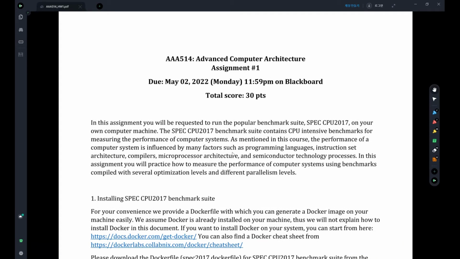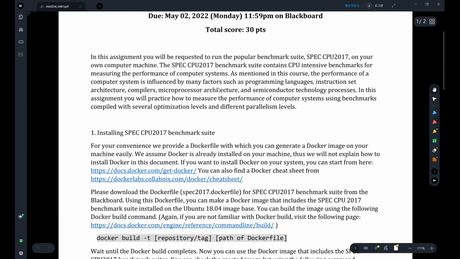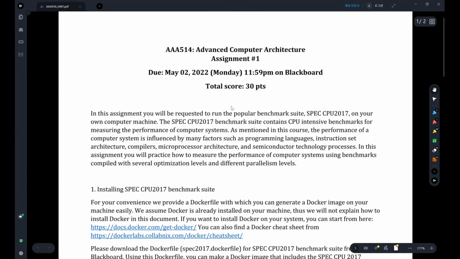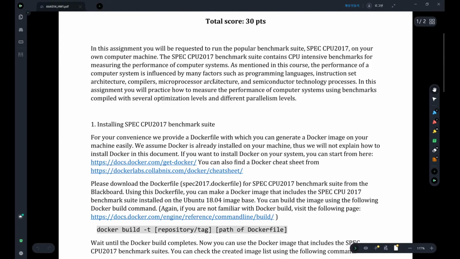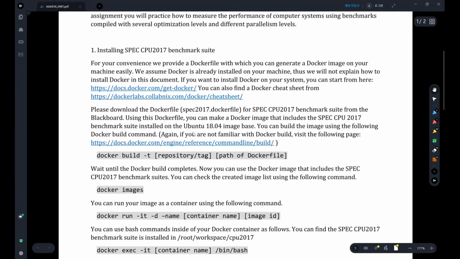Actually, I selected some very short benchmarks, the small benchmarks, which means the execution time is relatively short compared to the other benchmarks. But please start early. It may take time to run several benchmarks several times. I think 2 weeks is enough for this homework, but please start earlier. Also, if you are not familiar with Docker, you can visit the Docker site.